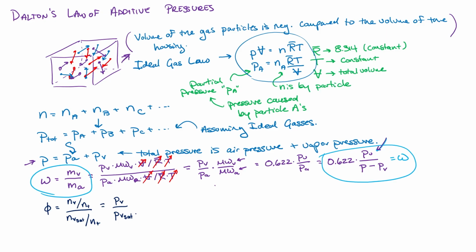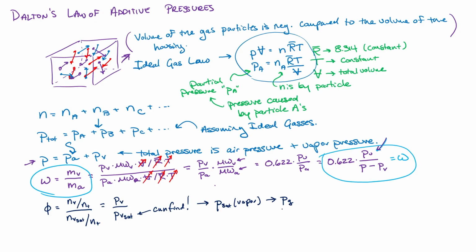And we know how to find our saturated vapor pressure. This is a value we can find. This is going to be our saturation pressure for vapor, which in our tables is labeled PG, our gas pressure.